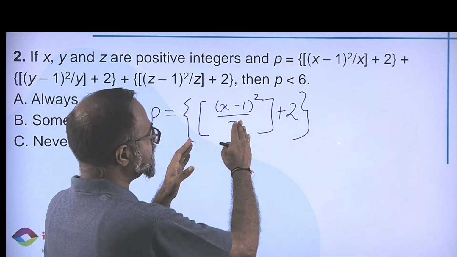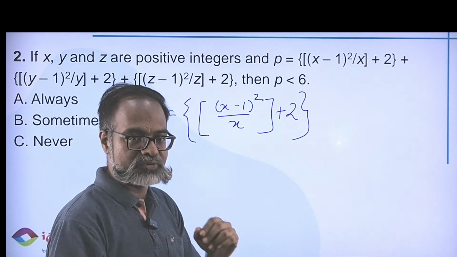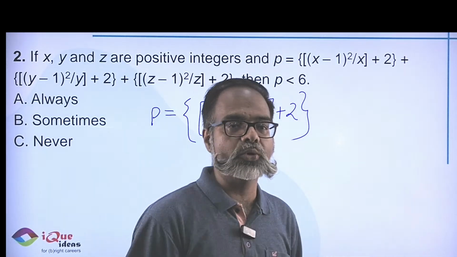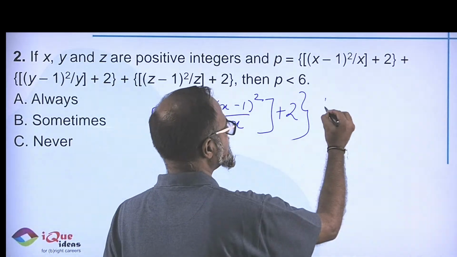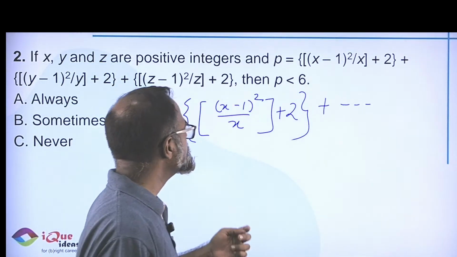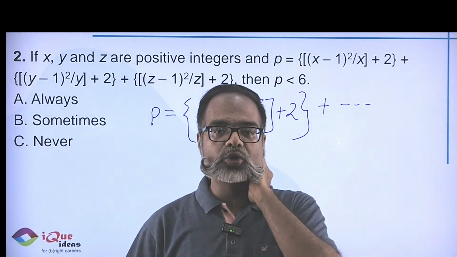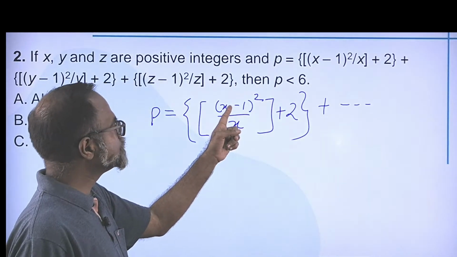So all the 3 terms are the same, only the x's, the y's and the z's are replaced with each other. Now let us understand what these values are going to be. It's given that x, y and z are positive integers, right? So if x is a positive integer, that means its values start from 1. So 1, 2, 3, 4 and all are positive. So the smallest possible integer is 1.